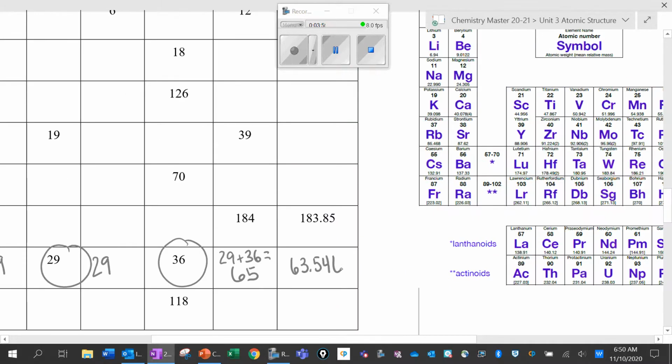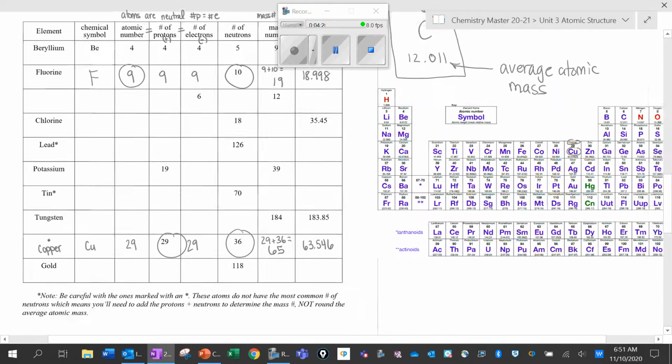The difference between these two values is that the mass number is the mass of one particular atom of that type of element. The average atomic mass is the average mass of all the atoms of that element in the world. So sometimes the mass of one particular atom is close to the average, like this one, 184 and then 183.5. Those are pretty similar. Sometimes they're a little bit more different. And either way, that's okay.